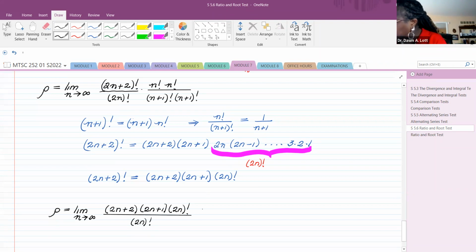And then I'm going to get n factorial times n factorial, and this is over (n plus 1) times n factorial times (n plus 1) times n factorial.